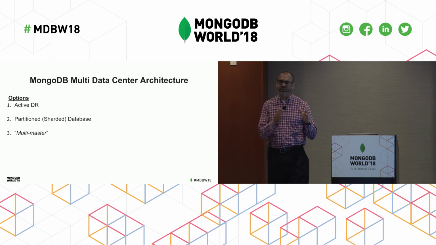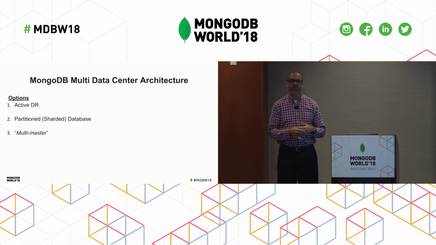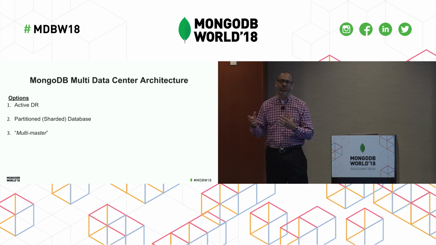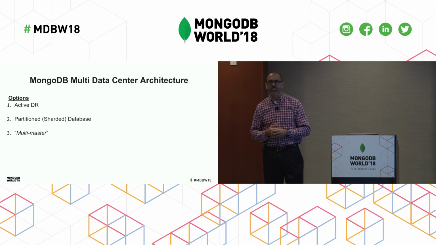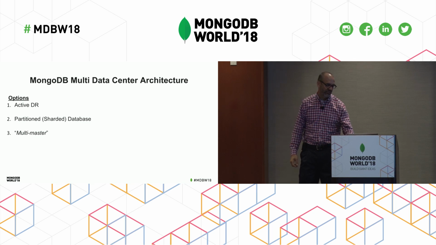One is really simple, called ActiveDR, which I'll talk about. The second is to use zone sharding to essentially put primaries in multiple regions so that you can do local reads and writes in each region. And the third is to do a pure multi-master type solution with Mongo. So let me talk about those 3 options.